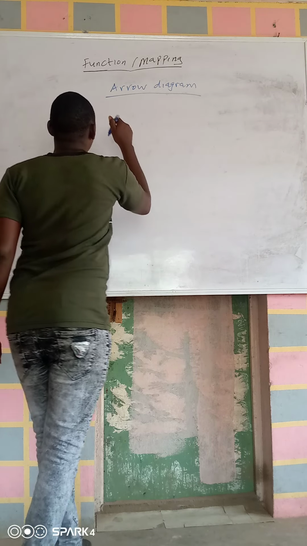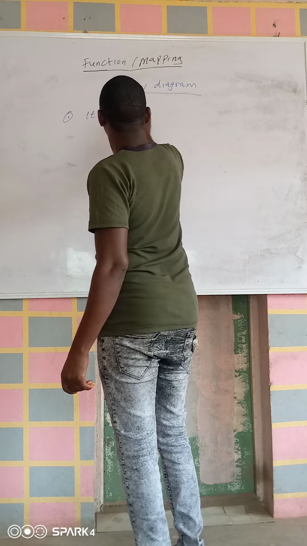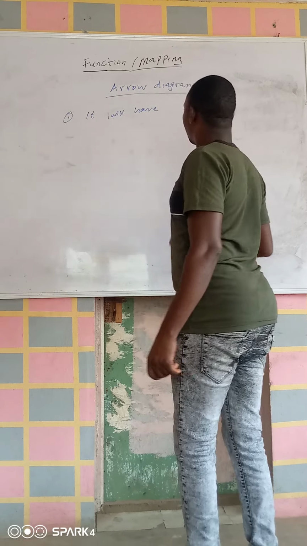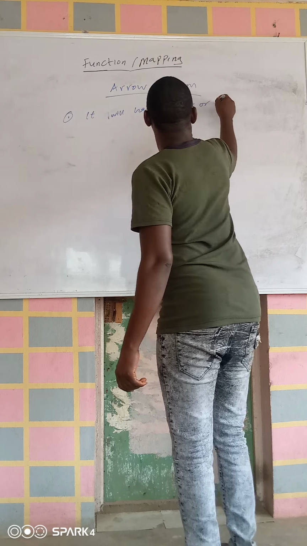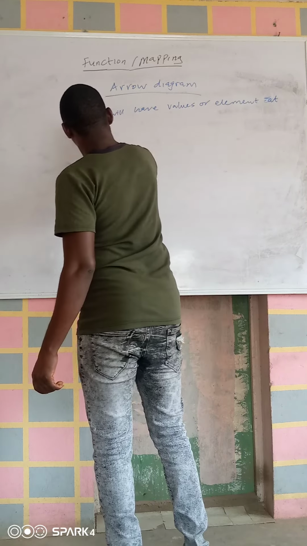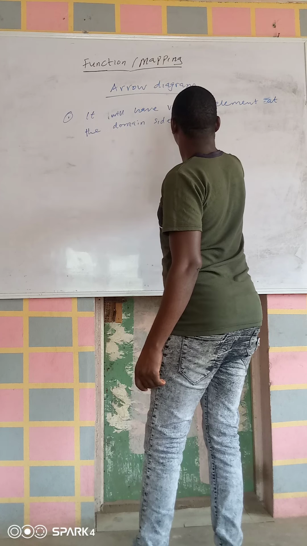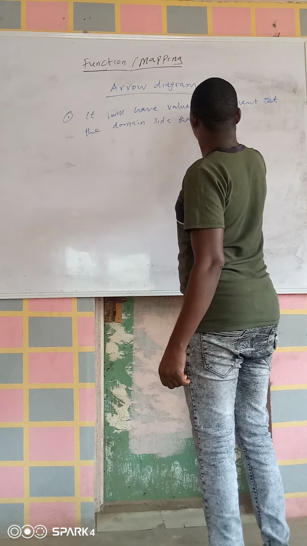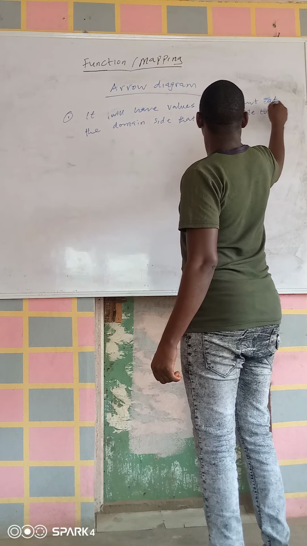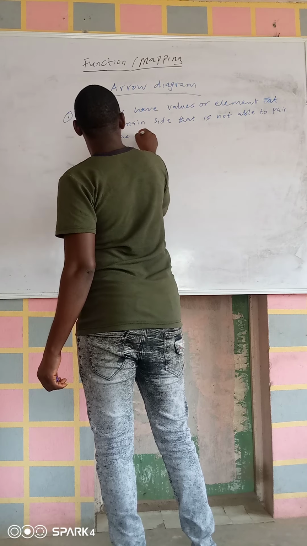The first arrow diagram that does not represent a function is one that will have values or elements at the domain side that are not able to pair with the codomain.